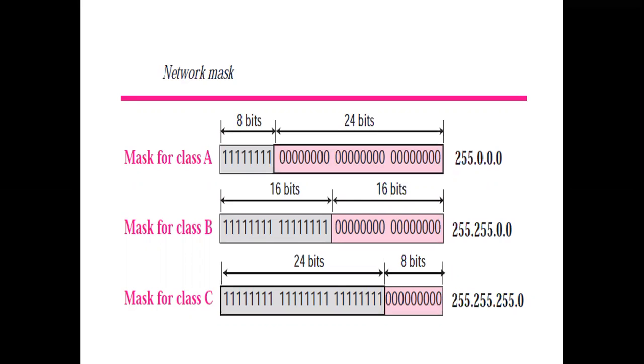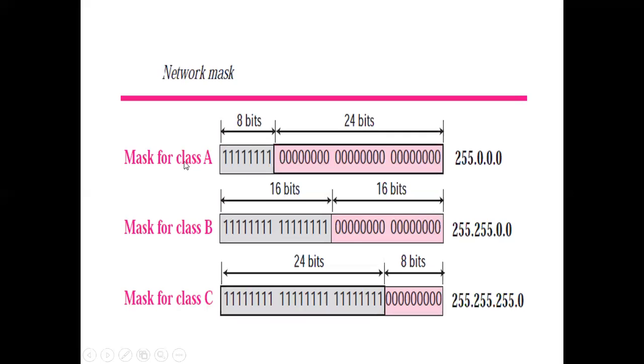Instead of finding the exact host IP address, it finds the network address and its mask, and from that it finds the interface where to channelize the packet. So for that particular purpose, the network mask is used.